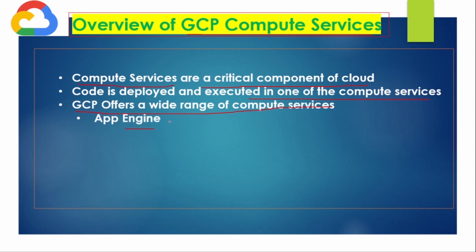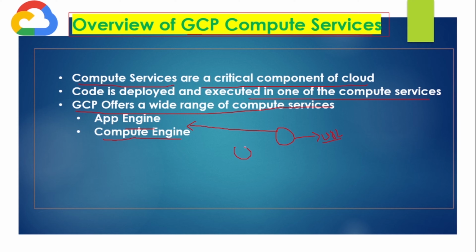That is basically platform as a service where you bring your piece of code and you just deploy it on App Engine, and you will get a URL, and this URL you can use for executing your code on the App Engine, right? The next is Compute Engine. Compute Engine provides you more control over your code.